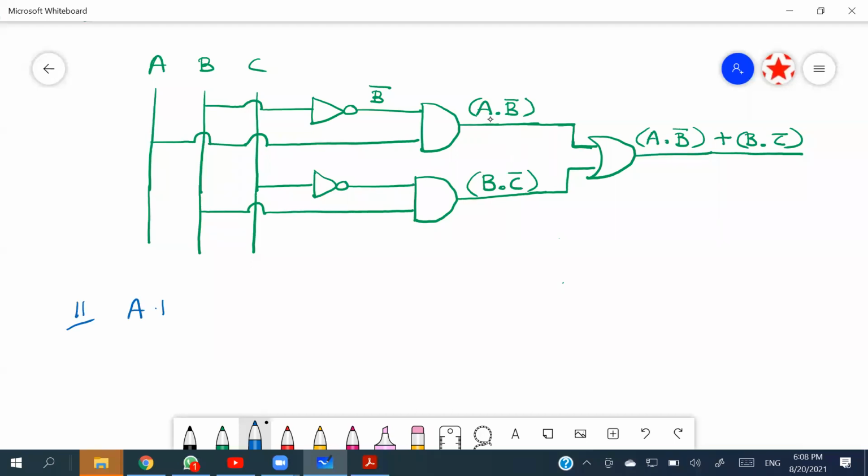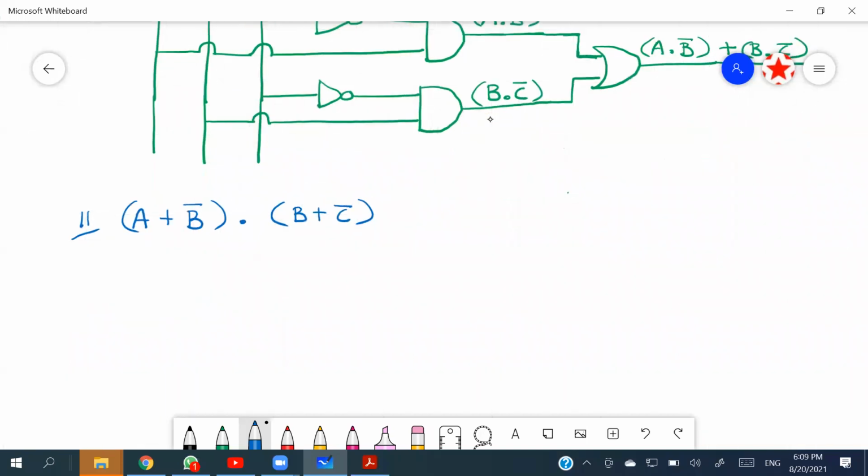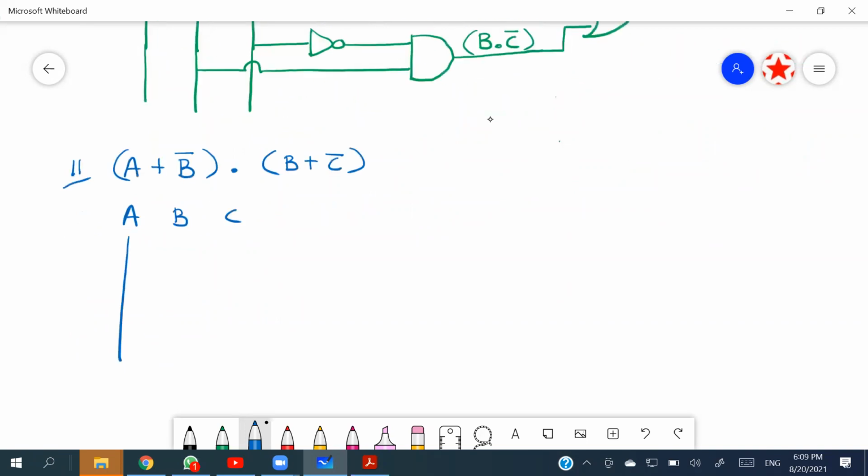Now again, we've got three different variables, which are a, b, and c. So we are going to have three input lines, which are a, b, and c.